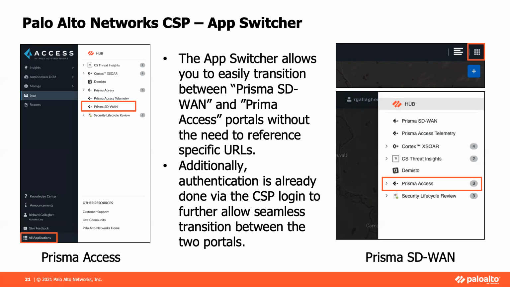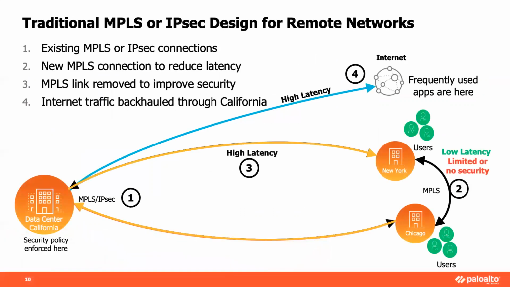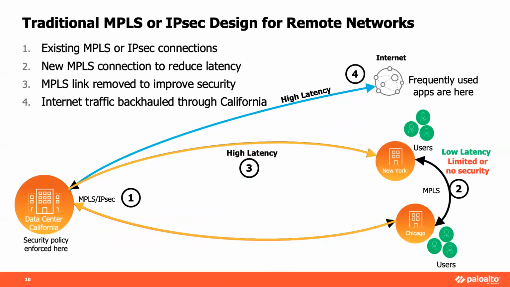Speaking of Prisma SD-WAN, let's go ahead and talk a little bit about it. So the first generation solution to fix the issue of having to backhaul all traffic through a lease line or an MPLS or a dedicated line before it can get out to the internet or back to another branch was SD-WAN.